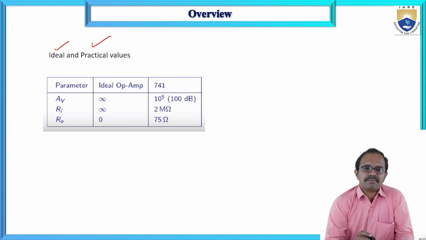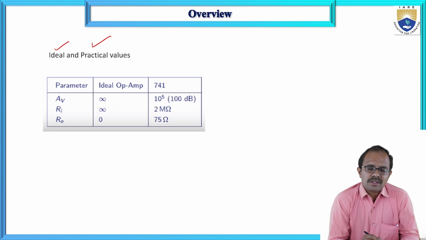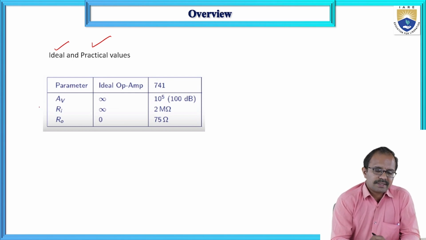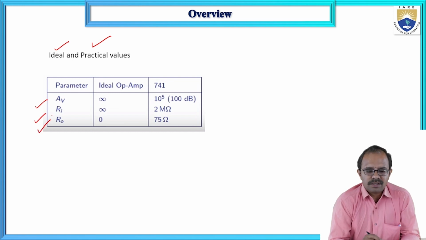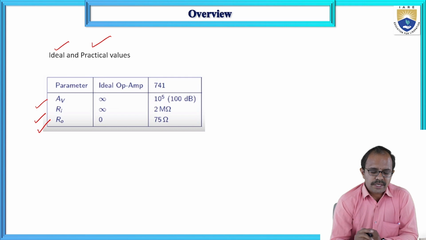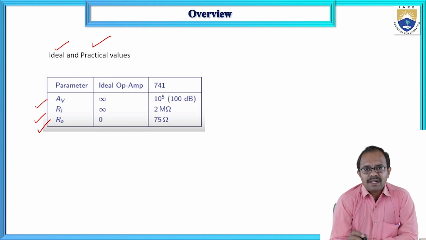If you look at the operational amplifier, there are three most important parameters. What are they? One is the gain, then input impedance and output impedance. What about the gain of the operational amplifier? Try to remember, in the ideal scenario it is always infinite, and in the practical scenario gain is very high.